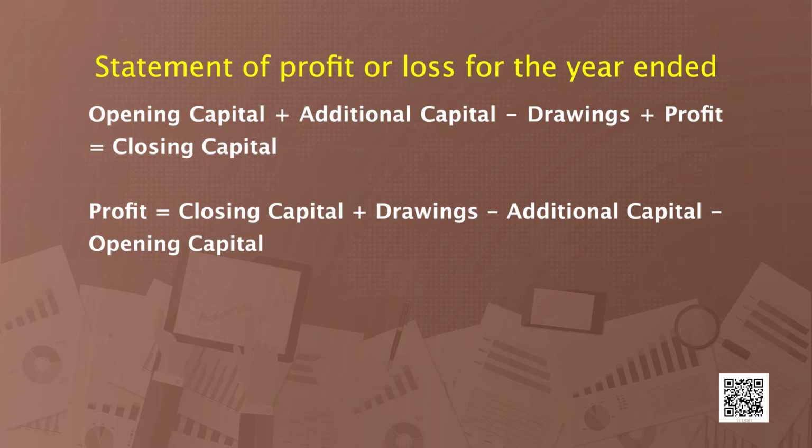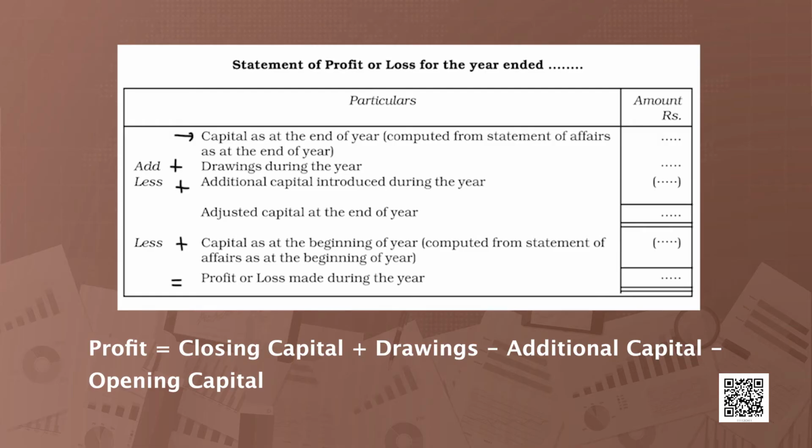Similarly, additional capital will get the reverse treatment, and so will opening capital, which is subtracted, and that is how this formula is derived. Profit is equal to closing capital plus drawings minus additional capital minus opening capital, and that is what is placed in the format of the statement of profit and loss.